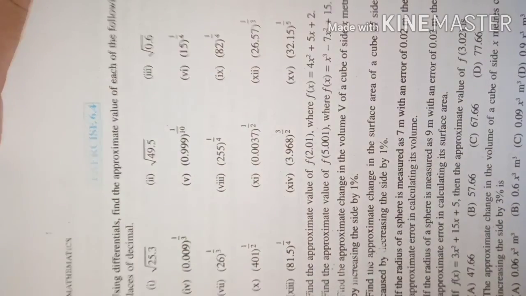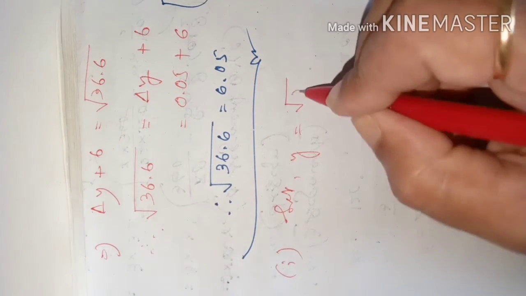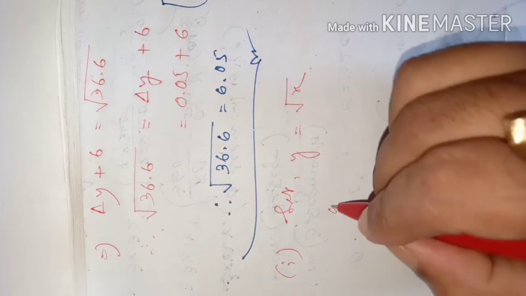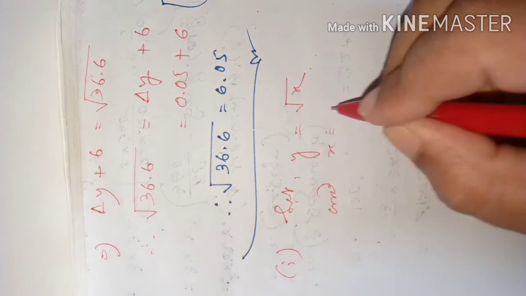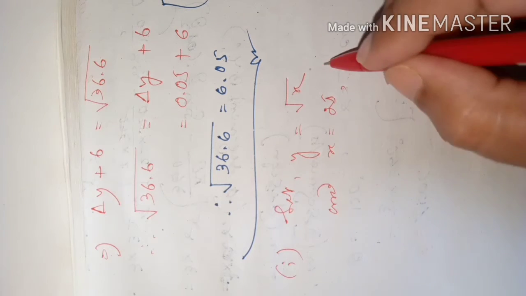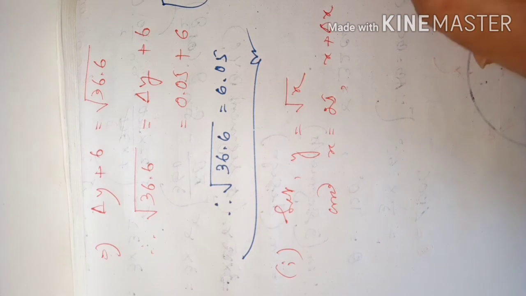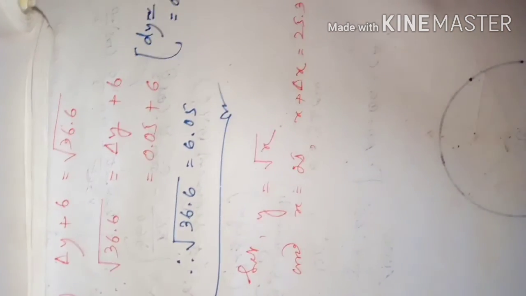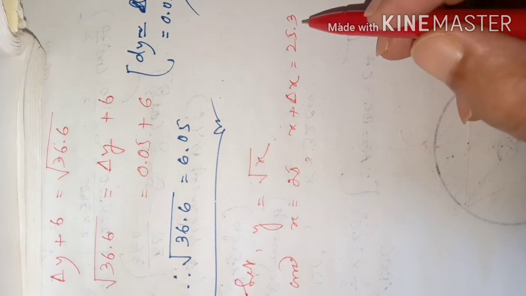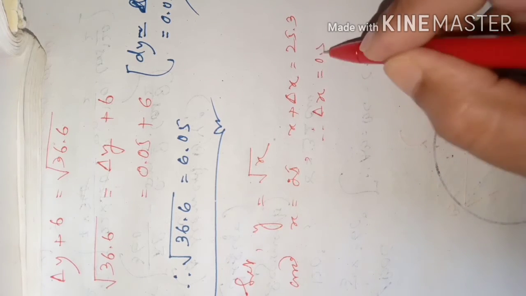Let x be 25. Then suppose x plus delta x is 25.3. That is, there is an increment in x, and that increment is 0.3. Therefore delta x is equal to 0.3.